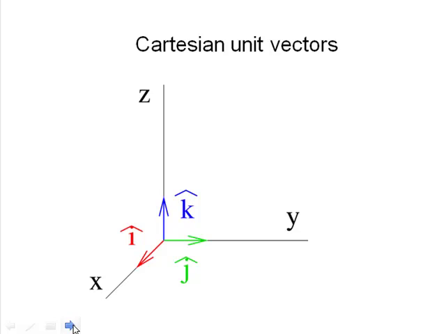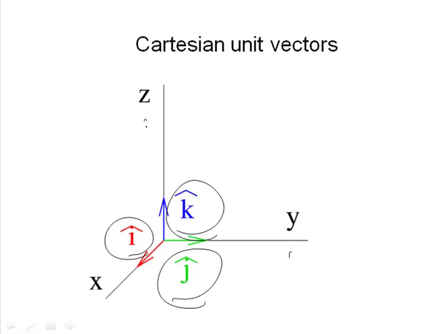In other words, sometimes we want to describe a vector in terms of how much it goes in the x direction, how much it goes in the y direction, and how much it goes in the z direction. We describe that in terms of these unit vectors. They are vectors whose length is 1, not 1 of some unit, just 1. They are i hat, j hat, and k hat in the x, y, and z directions respectively.